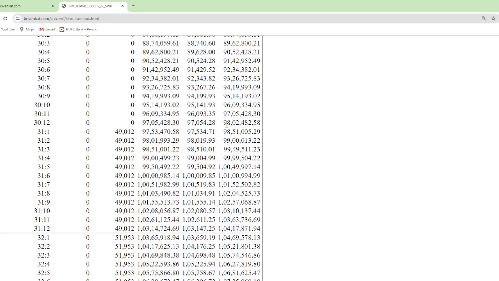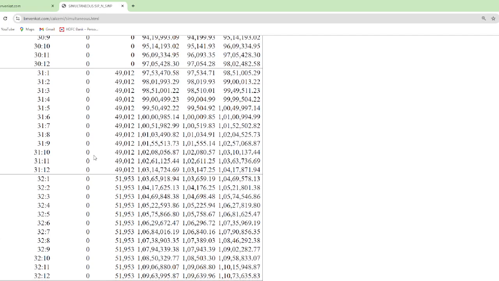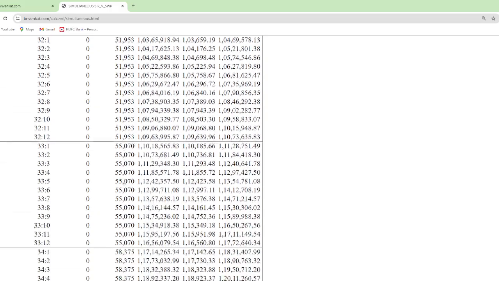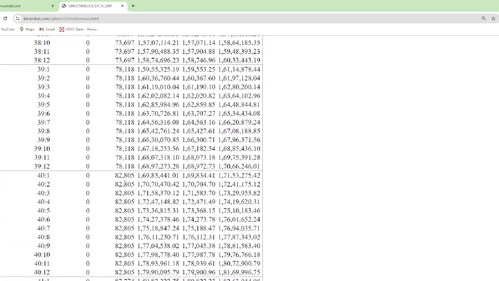See, by that time the investment would be 98 lakhs, nearly a crore, and 0.5% of this is about 50,000 rupees, approximately 49,012. This 0.5% rule is applied, and after that, increase this 49,000 by 6% and continue till the end of the time.